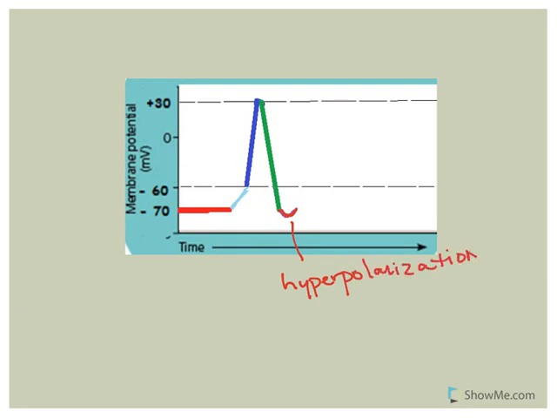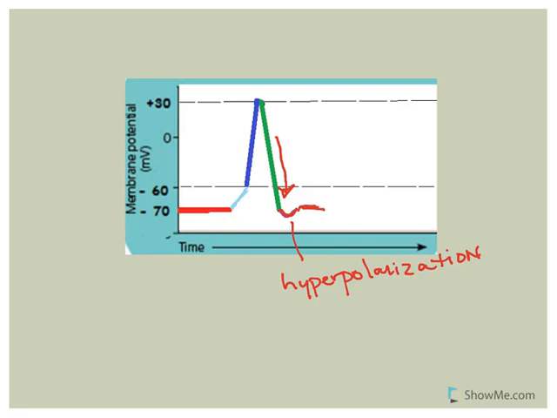Because those voltage-gated sodium channels are a little bit slower to close, the membrane potential is going to go a little more negative than -70, but at some point it's going to go back to resting. While we're repolarizing, when the voltage becomes low enough, the inactivation gates of those voltage-gated sodium channels will reopen and the activation gates will close.